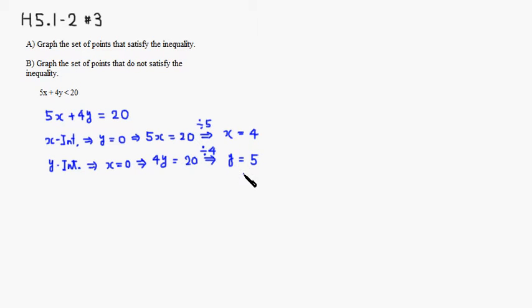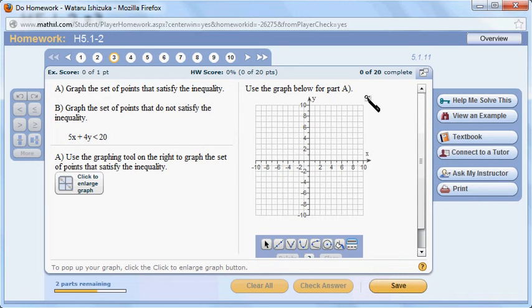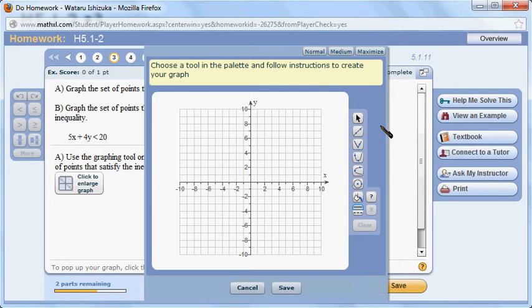So let's use that to sketch the borderline. Maybe I'll make it larger. The x-intercept is 4, so we're going to have a 4 here. I'm going to use the line tool, go to 4 and click that.